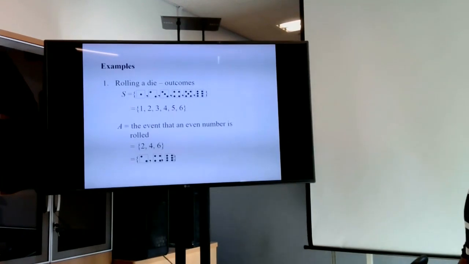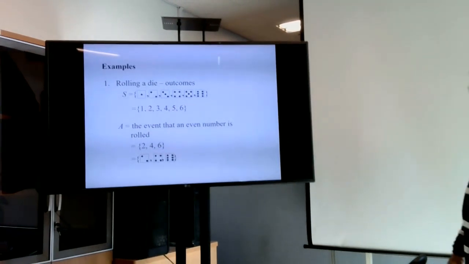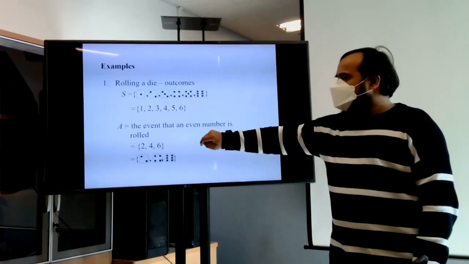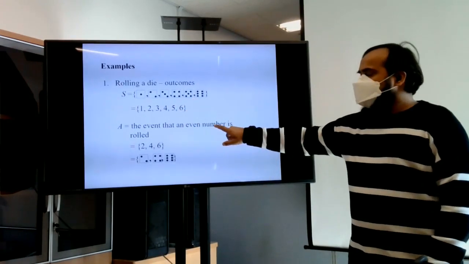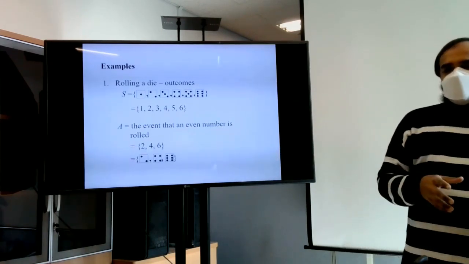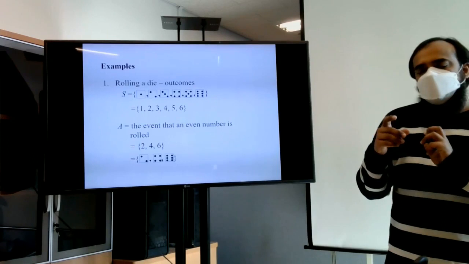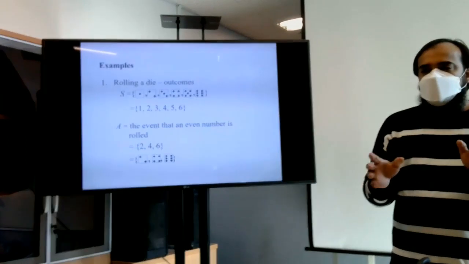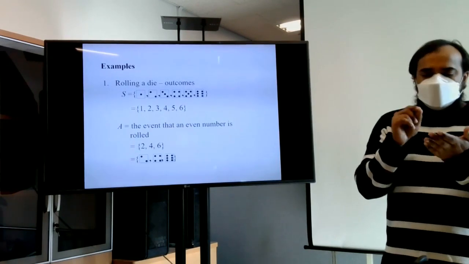So for example, the sample space is given by 1, 2, 3, 4, 5, 6, but the event is that an even number is rolled. In the rolling die experiment, you know the sample space, but I'm asking you the event.